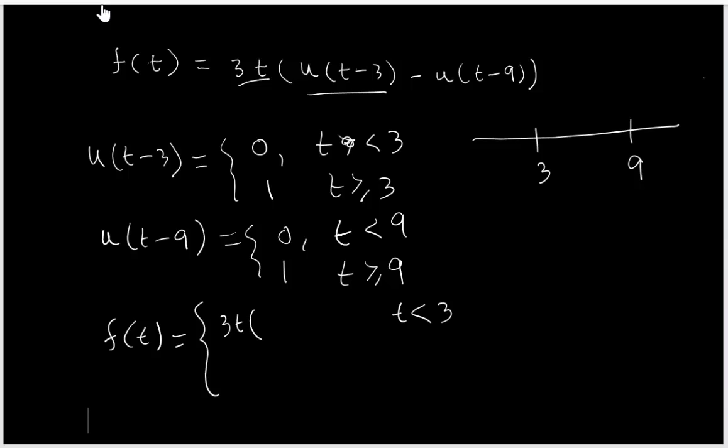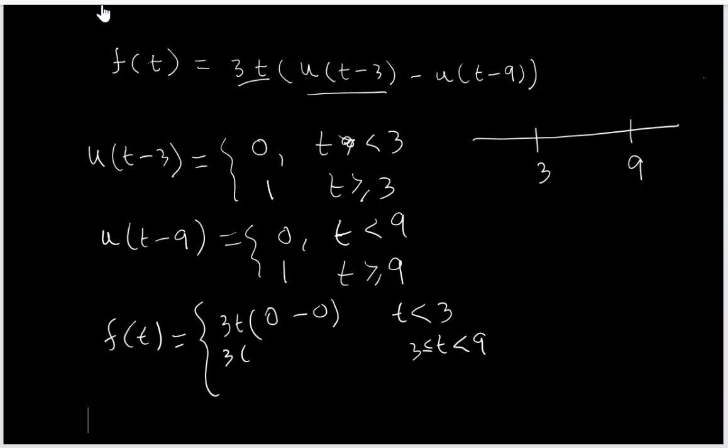Now see the value of u(t - 3). When t is less than 3 it is 0, and also t less than 9 for u(t - 9) is 0. Then the next part, t will be greater or equal to 3 and less than 9.